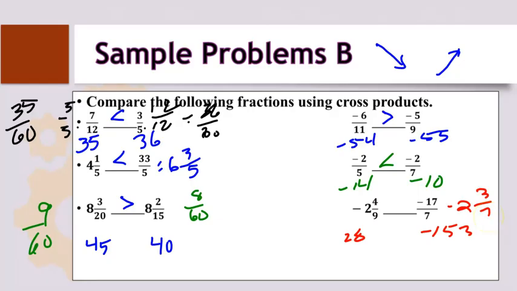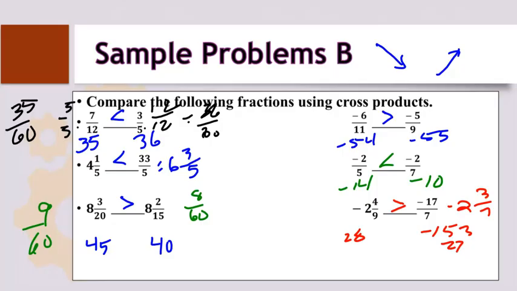So if I wrote it that way, I would have still 28, and we would have 3 times 9 gives us 27. This side is still bigger. So 28 is bigger than 27. So we would have -2 and 4/9 is greater than -17/7.